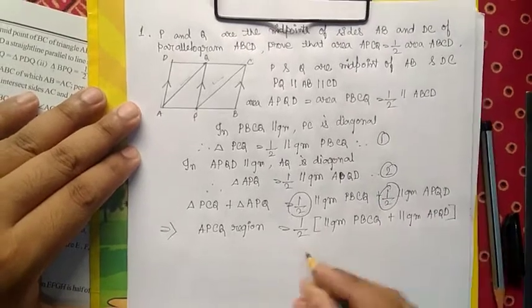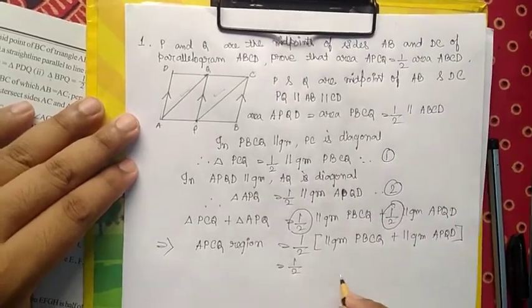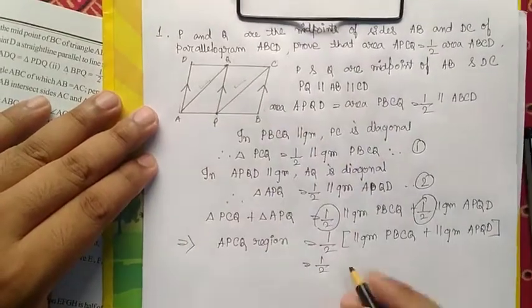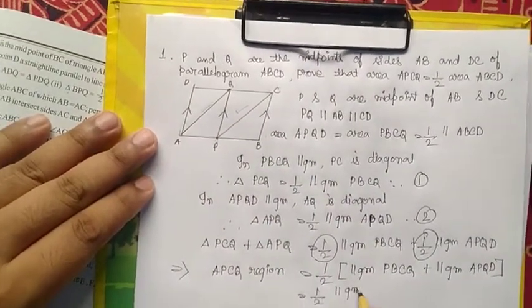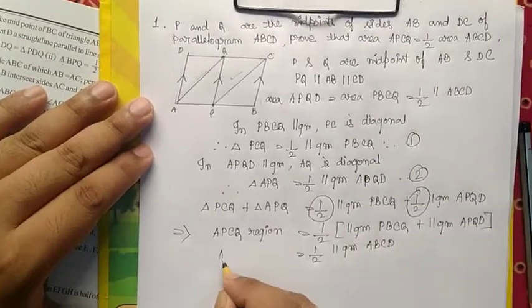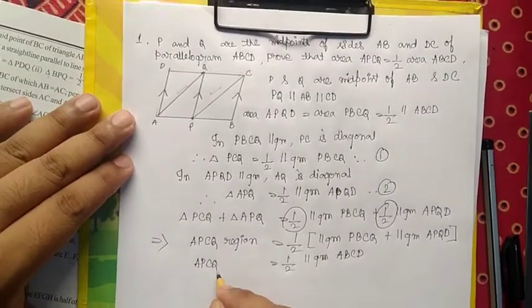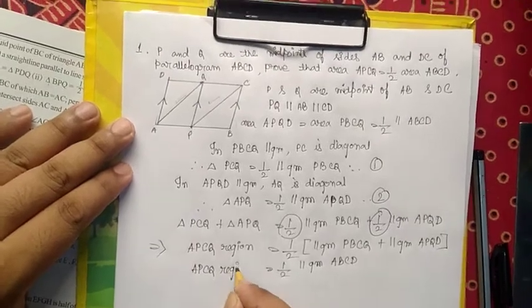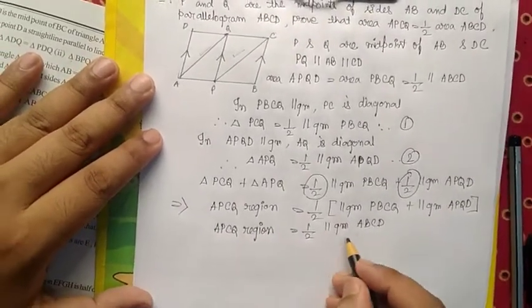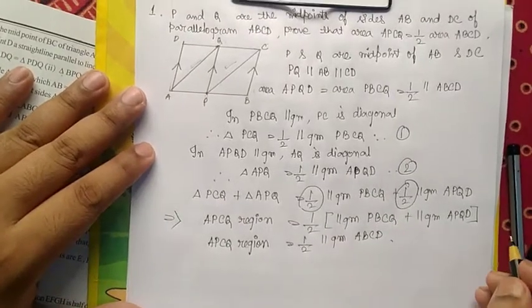If we add this, we get half of parallelogram ABCD. Therefore this application number 1 is proved, where we prove that the APCQ region equals half of the area of parallelogram ABCD.